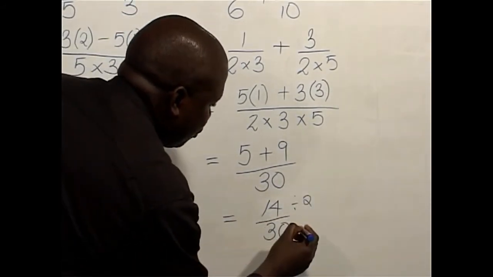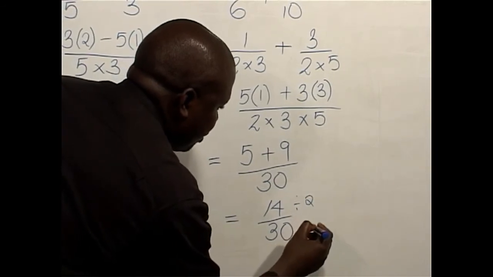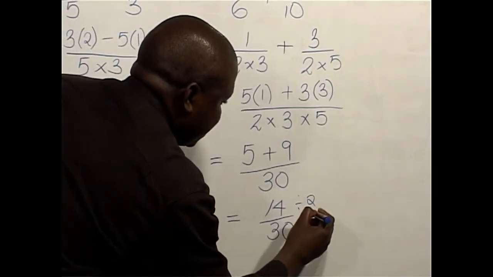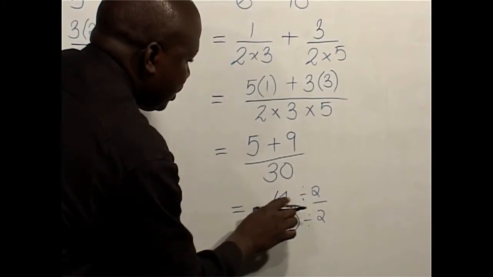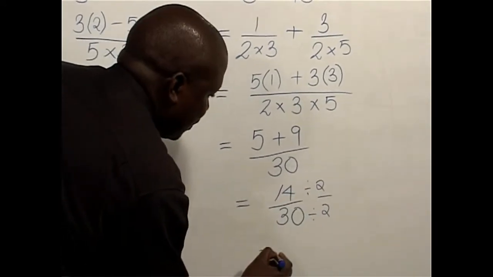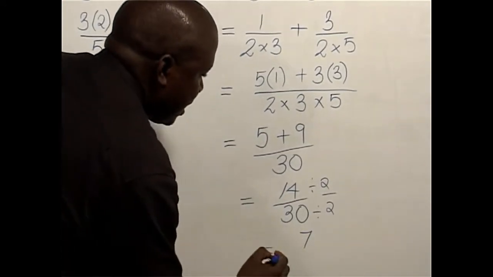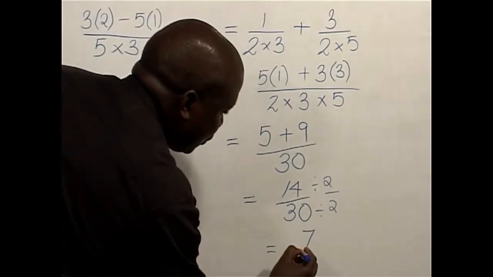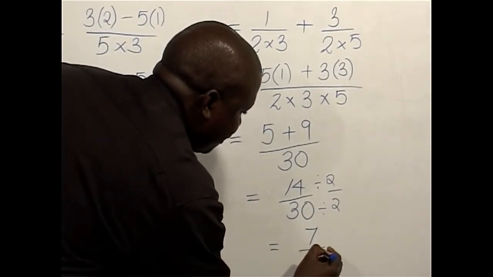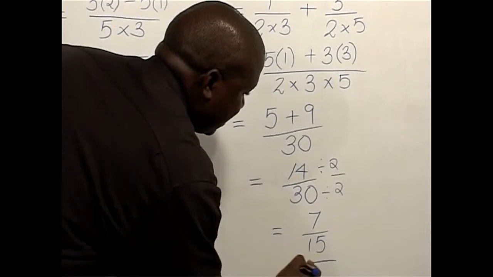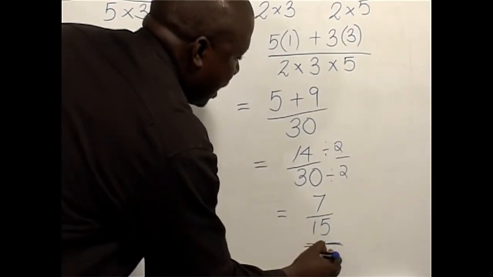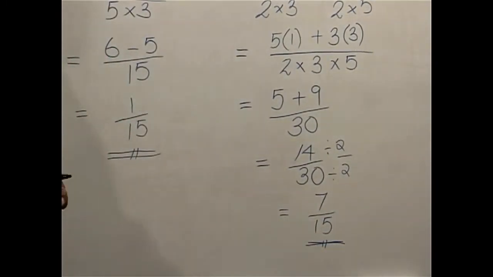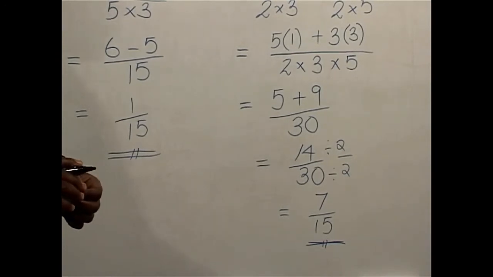Whatever we do to the numerator, we must be able to do to the denominator. So 14 divided by 2 will give us 7. And 30 divided by 2 will give us 15. And this is going to be our simplified solution.